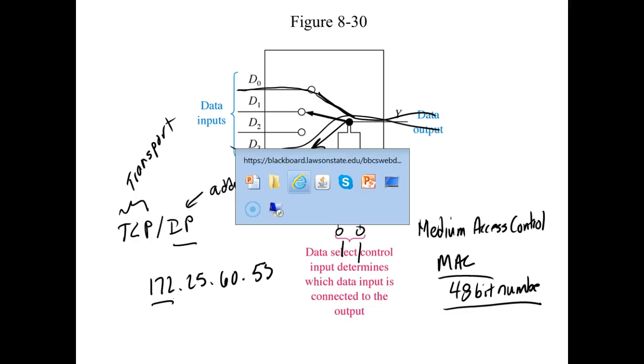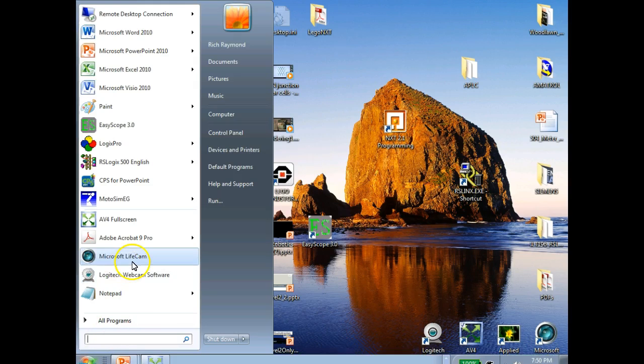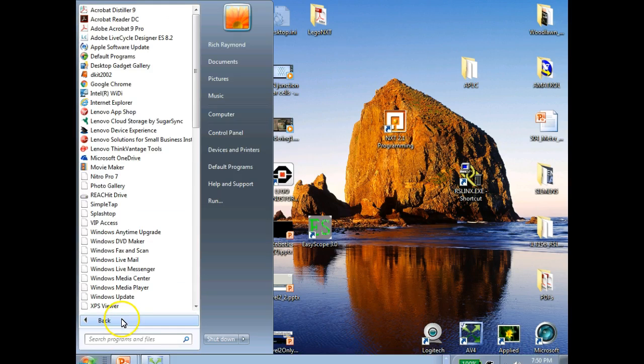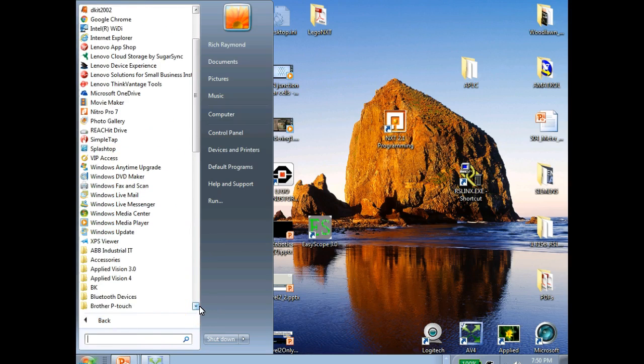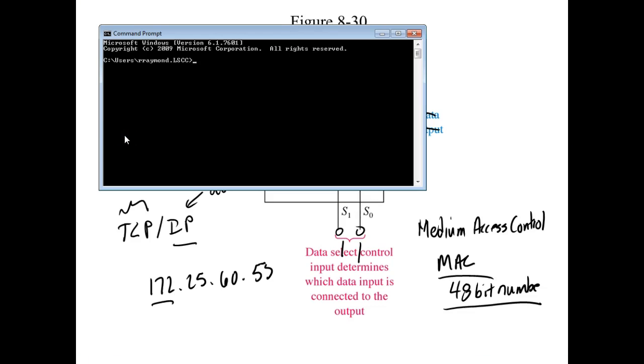Let's see if this computer's got one. Usually you get both of them. By the way, we'll never, ever, ever get rid of command prompt, because just about all your networking applications, TCP/IP, runs off of this.